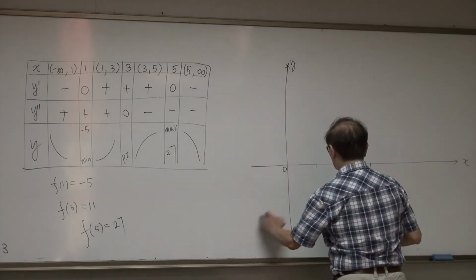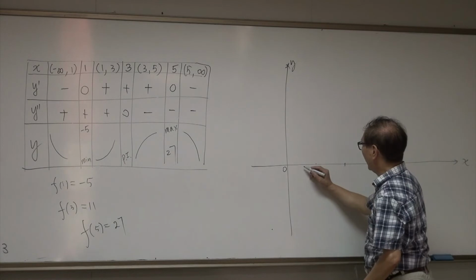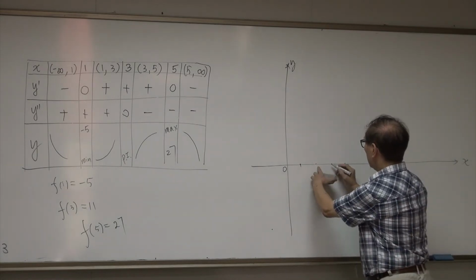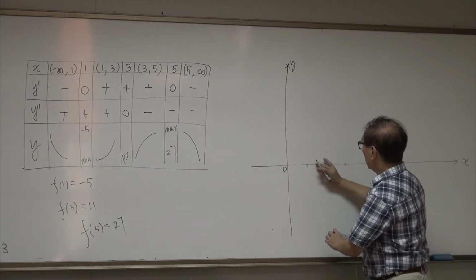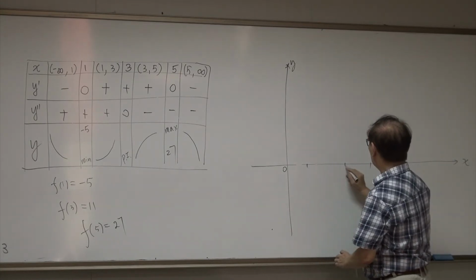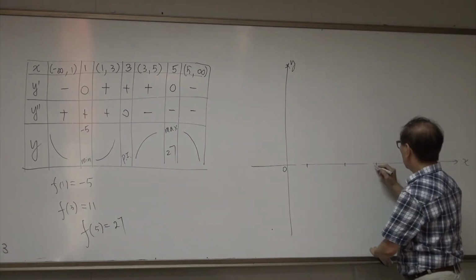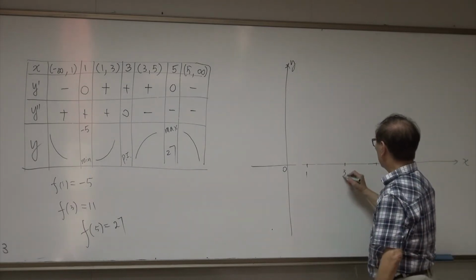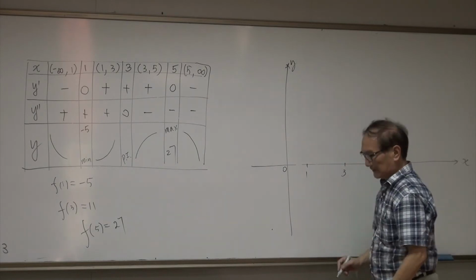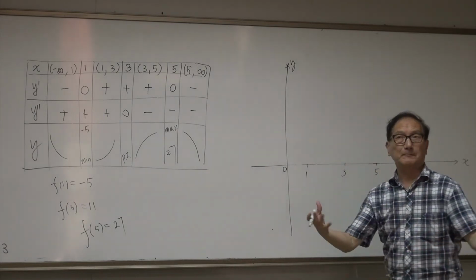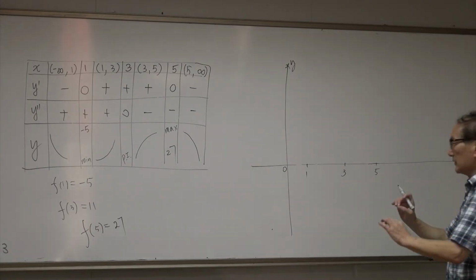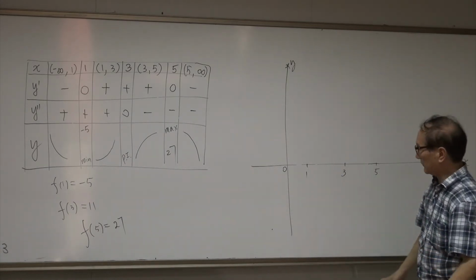No, it's not good. 1 is here, 2, 3. 1 is here. 1, 2, 3, 4, 5. A sketch is something rough, a rough drawing, but does not lose the generality.